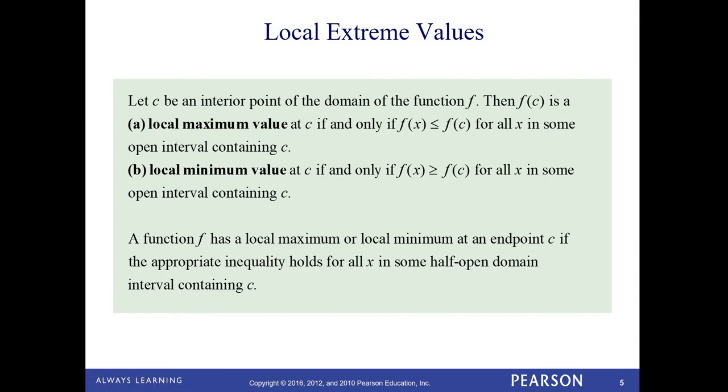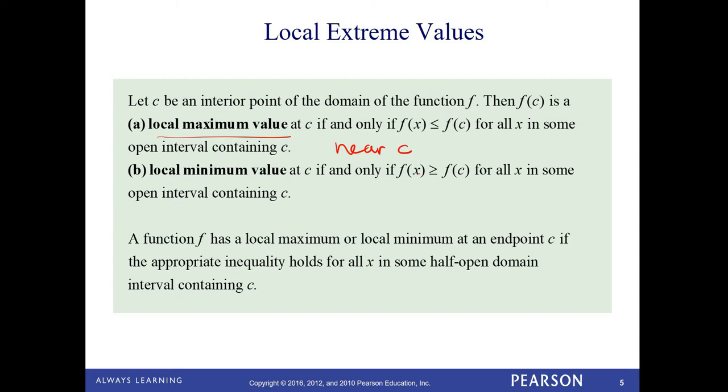So, local extreme values. Let c be an interior point on the domain. Then f of c is a local maximum, and this is the definition of what we just saw, if and only if f of x is less than or equal to f of c for all x in some open interval containing c. Another way to say that is near c.